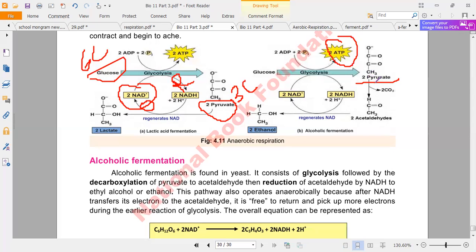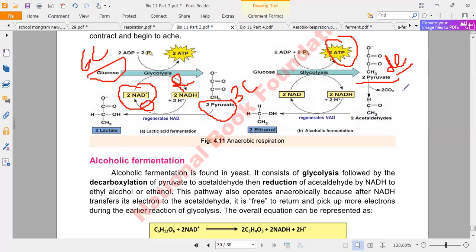This pyruvate in alcoholic fermentation goes into a further process in which there is pyruvate decarboxylase. Decarboxylase means removal of carbon dioxide happens.